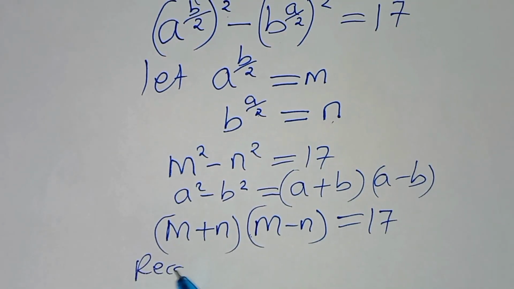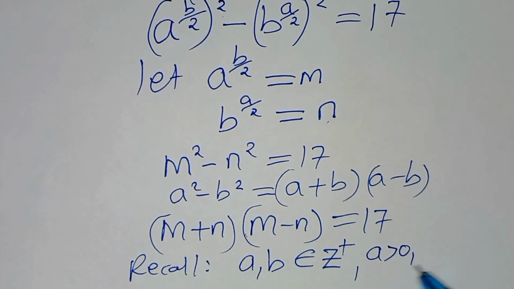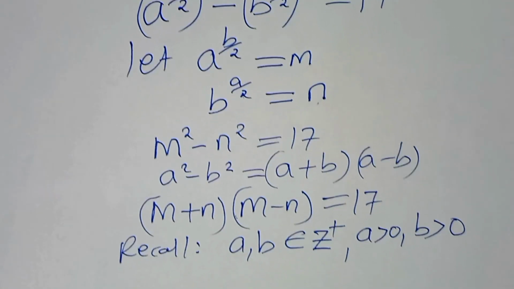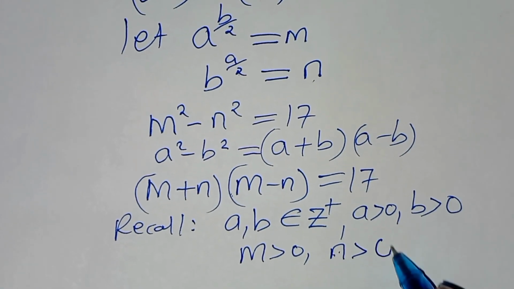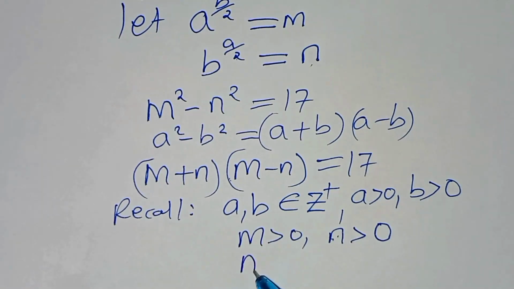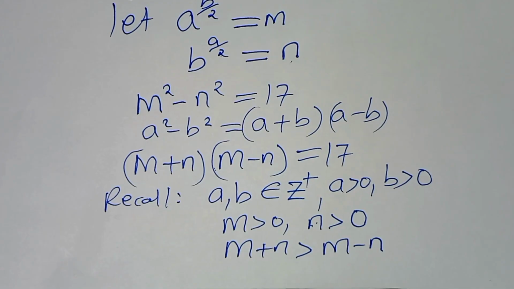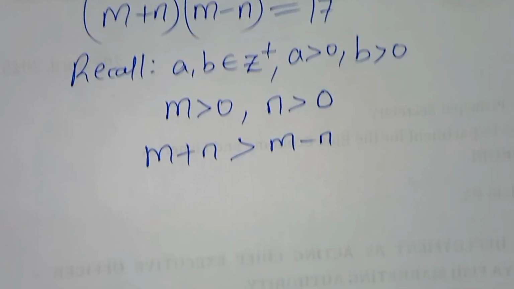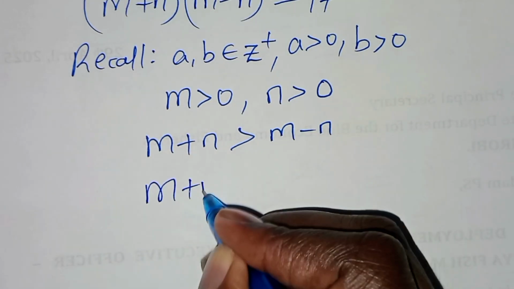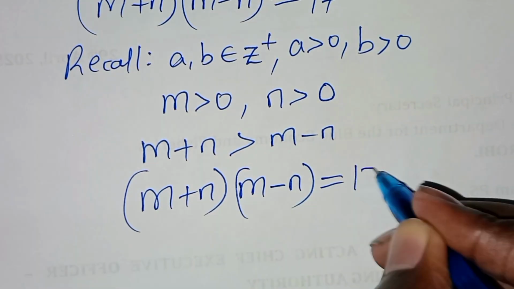Now, if you recall, a and b are members of the positive integers, and given that a is greater than 0 and b is greater than 0, it follows that m is also greater than 0 and n is also greater than 0. And also, m plus n is greater than m minus n. Okay, so let's proceed from here. Given these conditions, it follows that m plus n times m minus n is equal to 17.